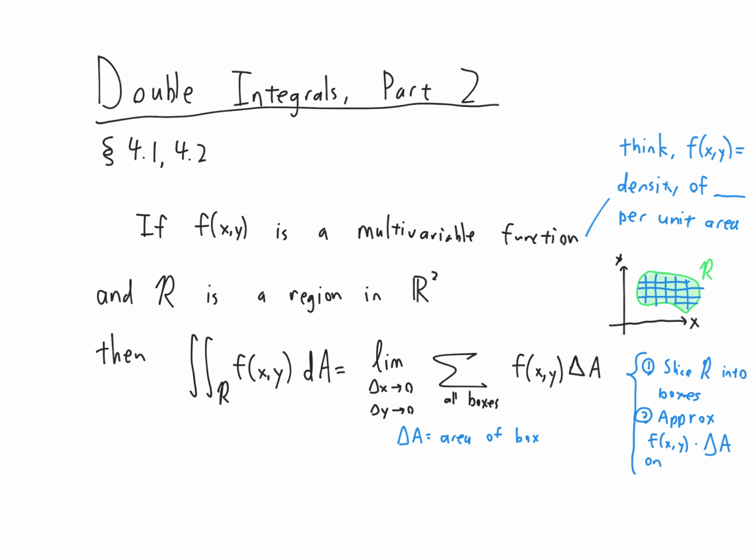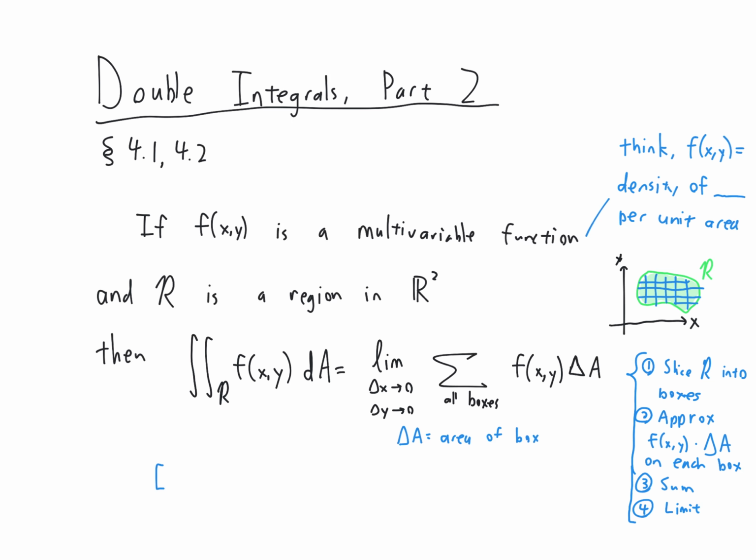So again, we're going to multiply the value of the function on a specific box times the area of that box for each one of those boxes. And then I'm going to add up the results of those, and then I'll take a limit as the dimensions of the box approach 0.